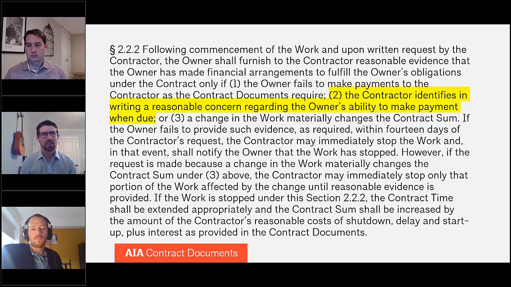But I think someone looking back after the fact at a contractor's request would probably have a difficult time saying a contractor was unreasonable in making this request if they had heard, rumors or otherwise, that an owner was preparing to file for bankruptcy in late April of 2020. I think that would be a difficult argument to make, that the request was not reasonable.